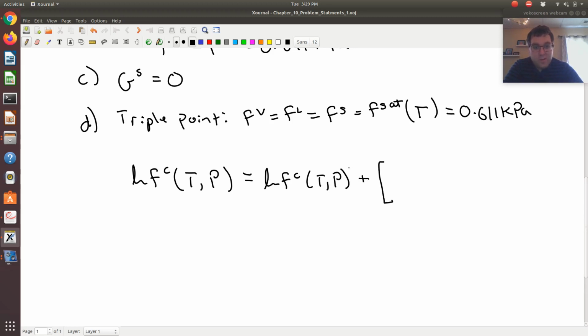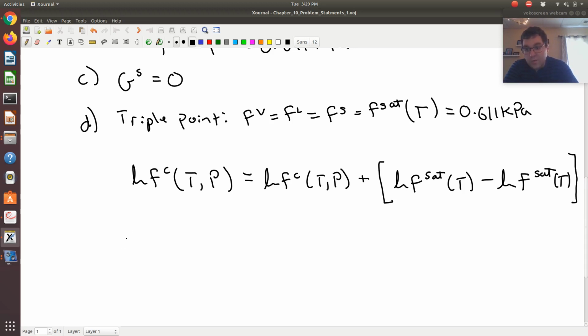Our favorite mathematical tricks are adding 0 or multiplying by 1, so that our expression is unchanged. So by adding 0, I'm going to add a log f at saturation at T and subtract a log f at saturation at T. So this would be my system at saturation at the same T, which in this case would correspond to the triple point.